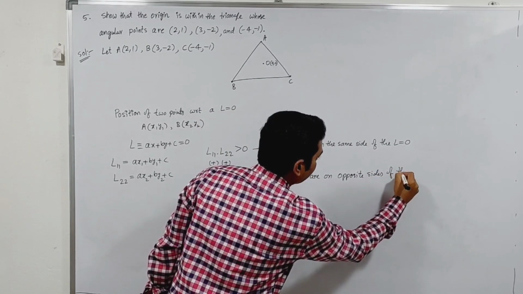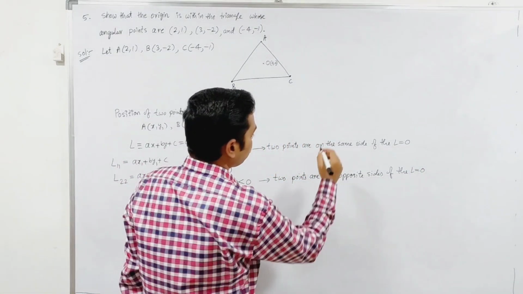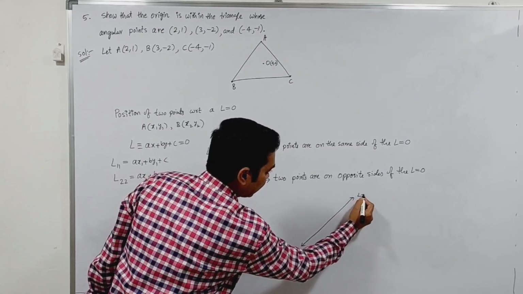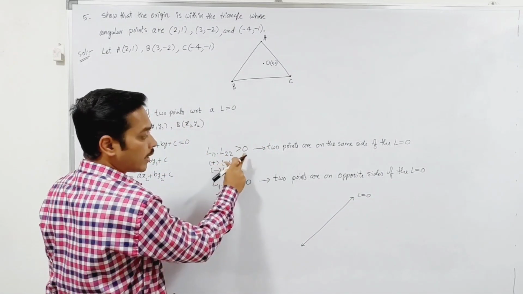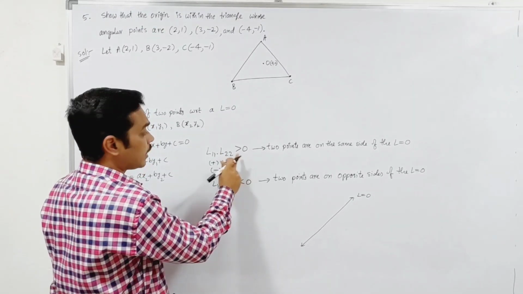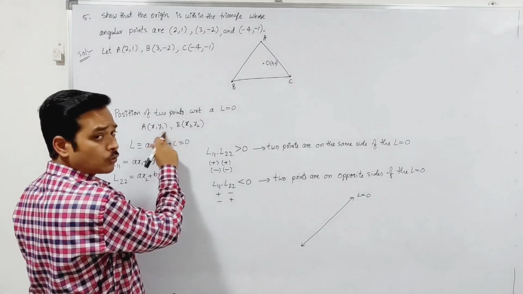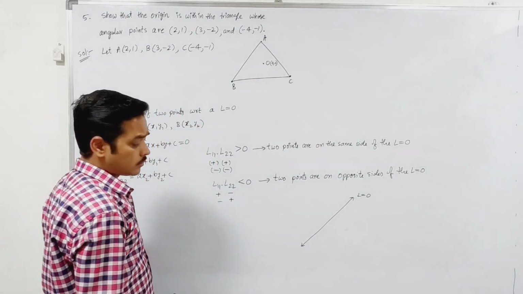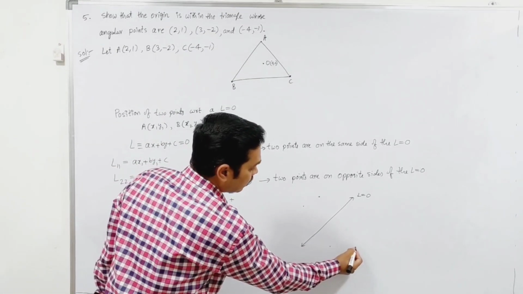For example, this is line L equal to 0. If L11 into L22 is greater than 0, in that case the 2 given points A and B lie on the same side of the line, either the left side or the right side.